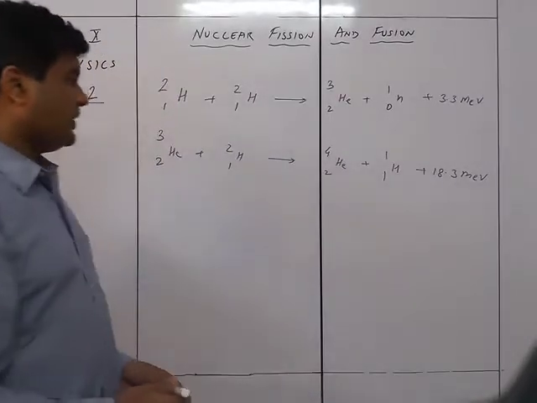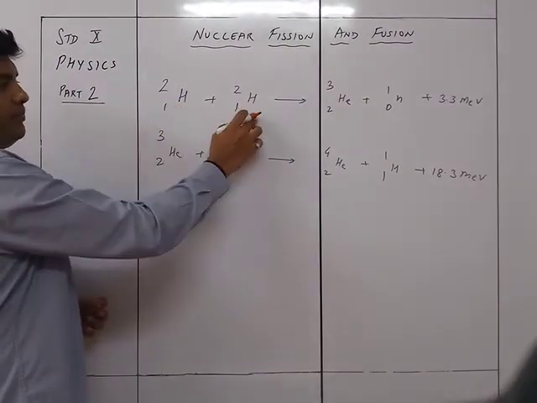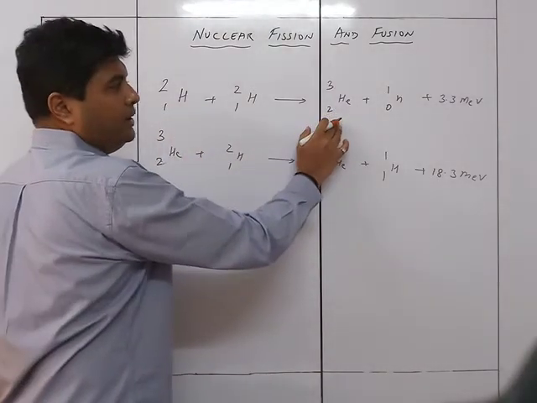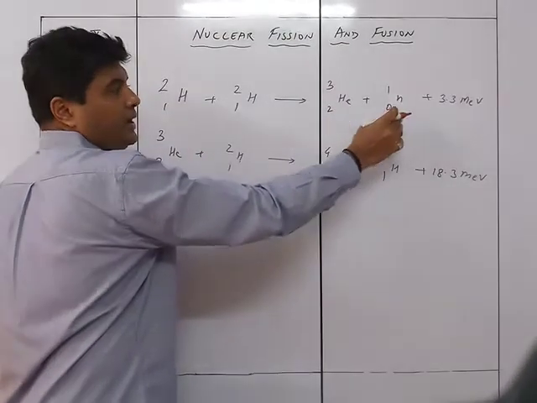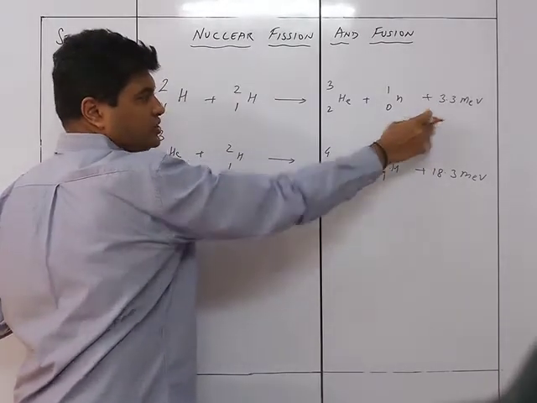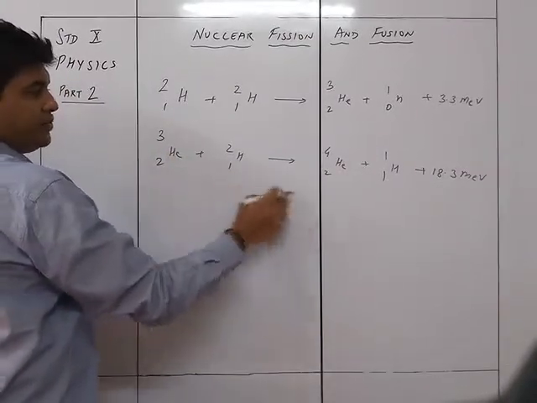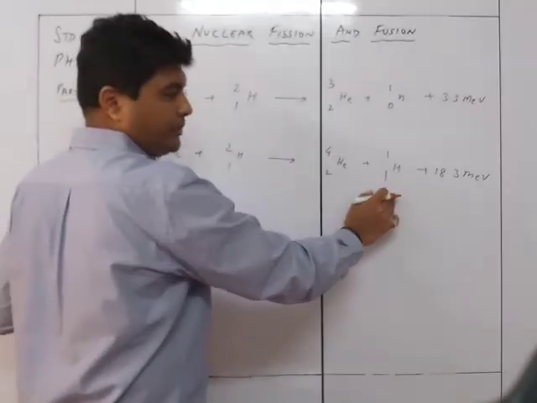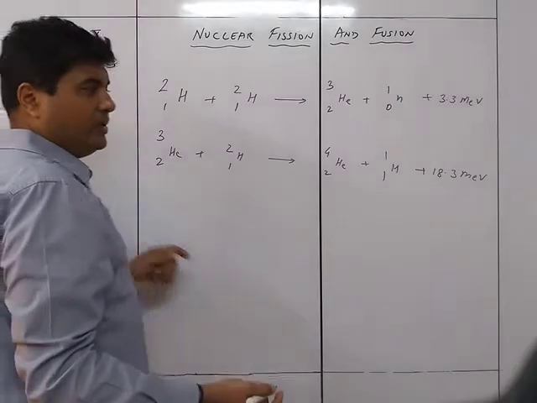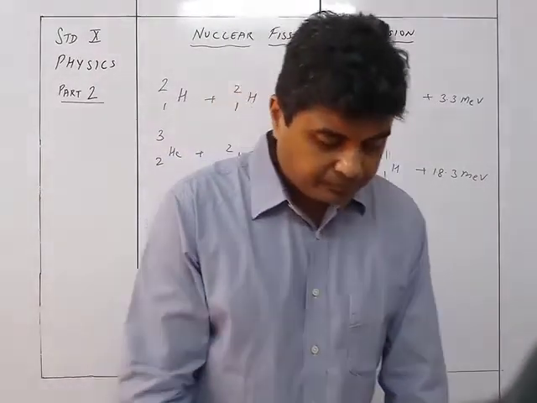So the reaction with two deuterium gives one isotope of helium plus a neutron plus 3.3 mega electron volts of energy. This, when combined again with another deuterium, gives helium plus a proton, that is normal hydrogen, and 18.3 mega electron volts of energy.